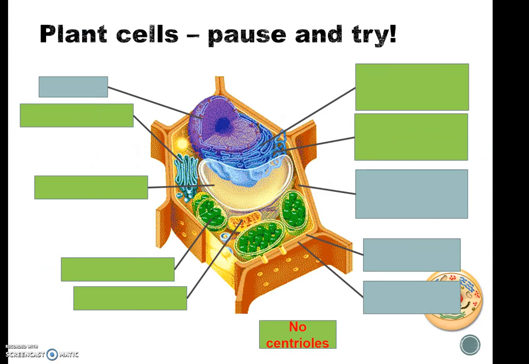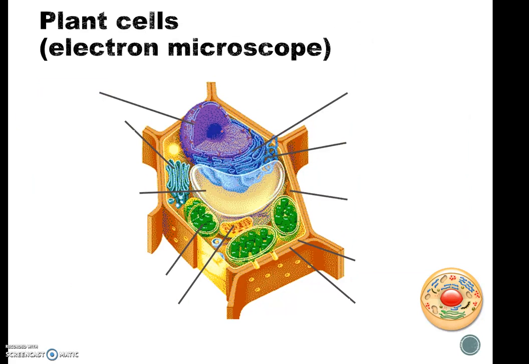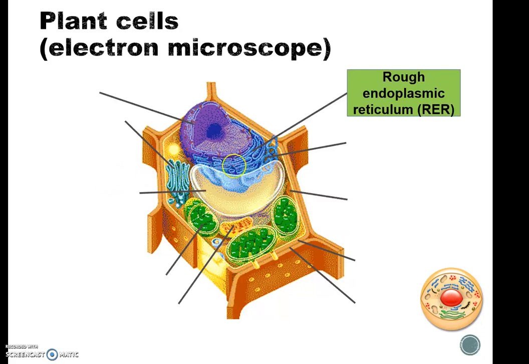Now, plant cells. Maybe you should try this out as well before you continue with the video. Just pause it. Largely the organelles are about the same, so give it a shot. If we try to label the plant cells, what you should have found is the rough endoplasmic reticulum again is the one very near to the nucleus with lots of dotty ribosomes on it.